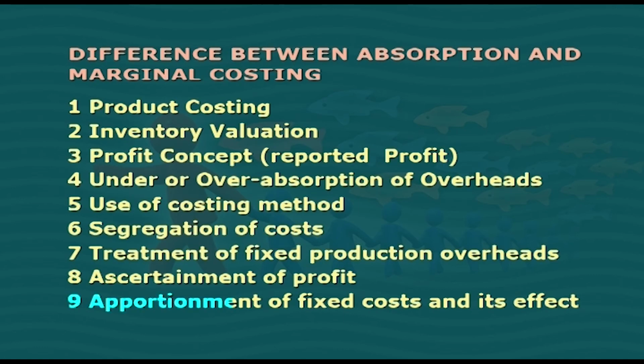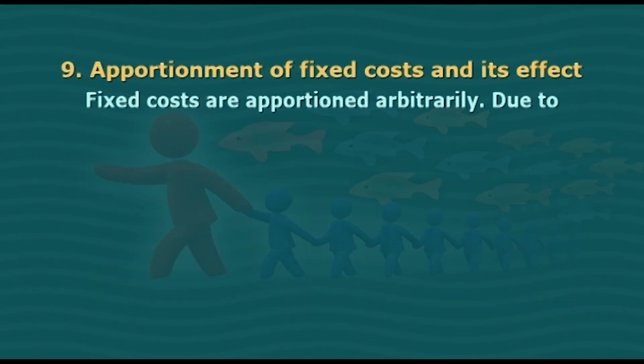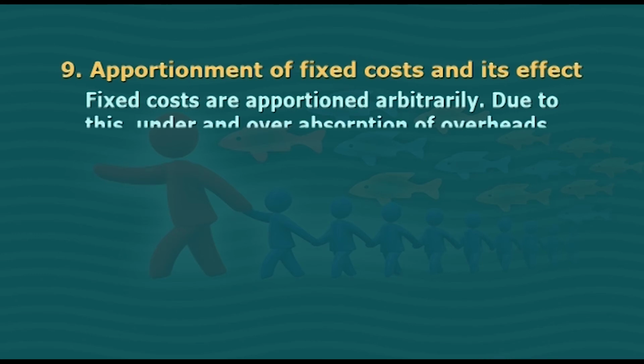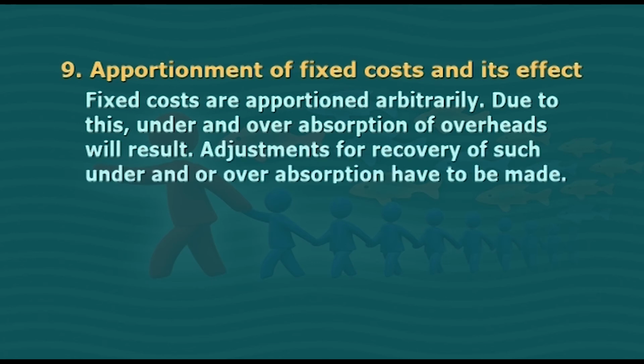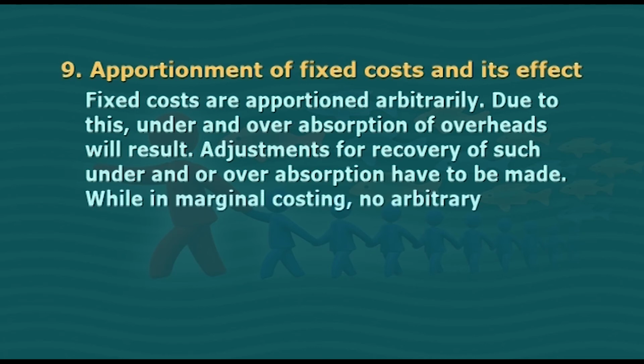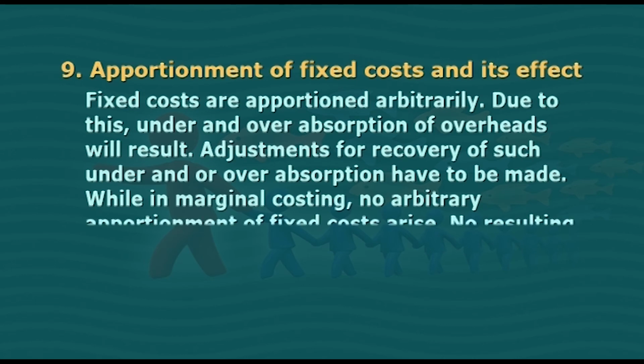Ninth is apportionment of fixed cost and its effect. Friends, fixed costs are apportioned arbitrarily. Due to this, under and over absorption of overheads will result. Adjustments for recovery of such under and over absorptions have to be made.